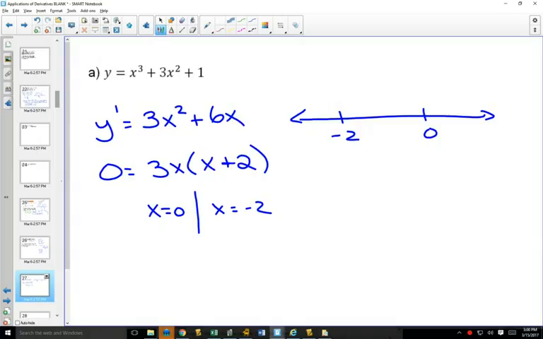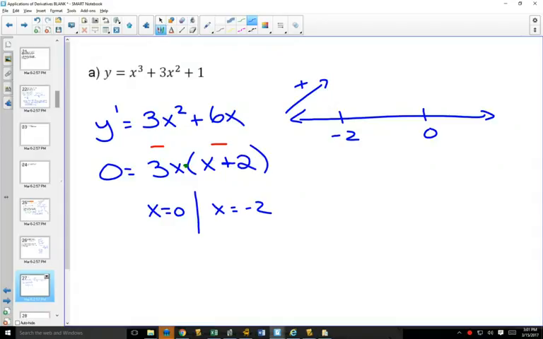I'm not going to do the mental math exactly. But plugging in a negative 5, 3 times negative 5 is going to be negative. And negative 5 plus 2 is going to be negative. And so I have a negative number multiplied here by another negative number that is going to be a positive number. I know my graph is increasing in this section.